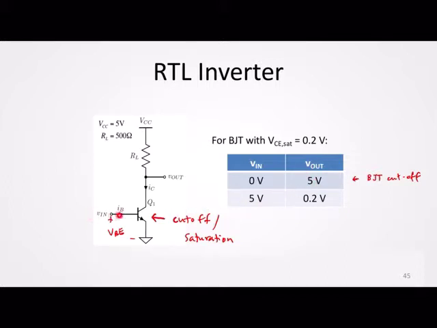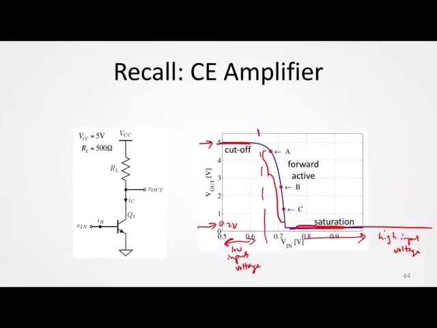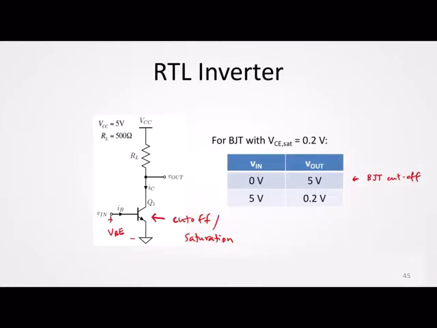And then when V in is 5 volts, as you could recall in the voltage transfer characteristics of the common emitter amplifier, the 5 volts would be somewhere on the right. So the 5 volts at the input would drive the BJT into saturation. And if the BJT is in saturation, we know that our VCE is equal to VCE sat, which is given as 0.2 volts here.